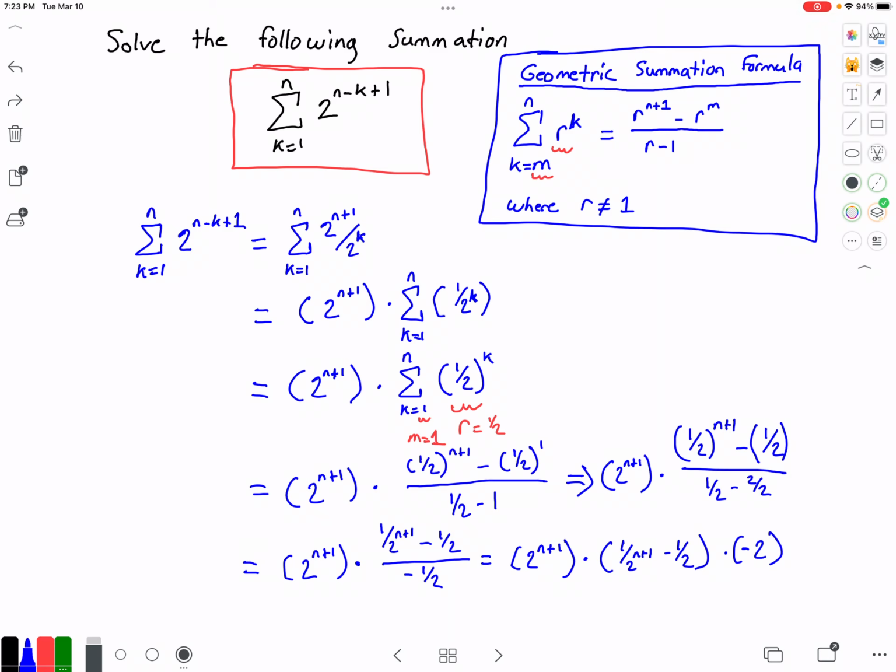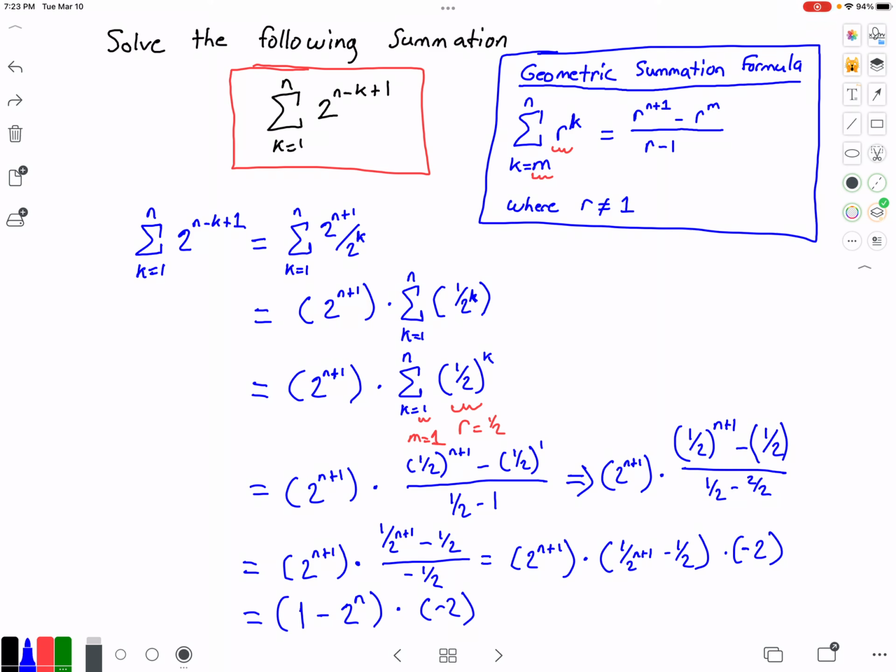I'm running out of room here, so let's go down a little bit more, and we can simplify this now. We're just going to multiply this out here and here. So we get 1 minus 2 to the power of n, and all of this times negative 2.